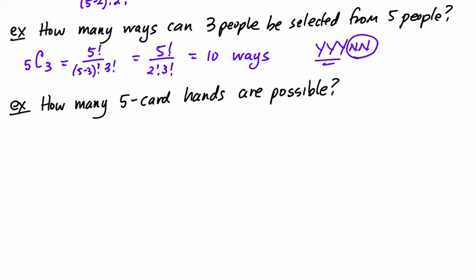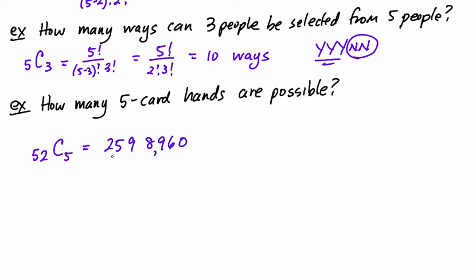But really, the order doesn't matter. When you get dealt the cards, it doesn't matter if the Queen of Hearts comes to you first, third, fourth, or fifth, as long as you get it. So there are 52 cards in a deck, and out of those 52 cards, just choose any 5 cards. The order doesn't matter.